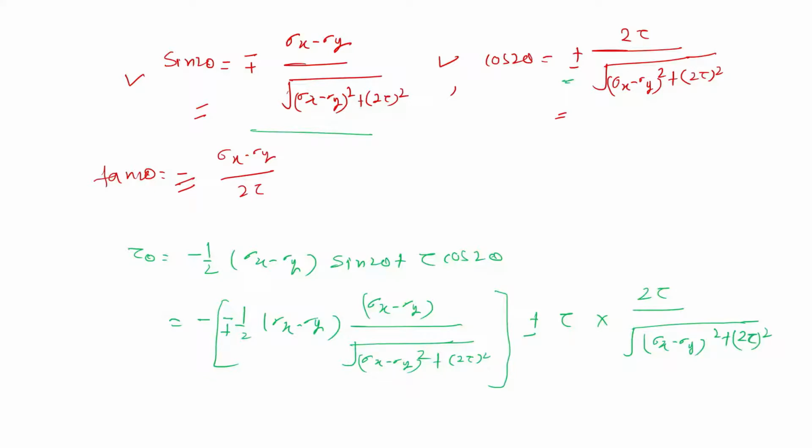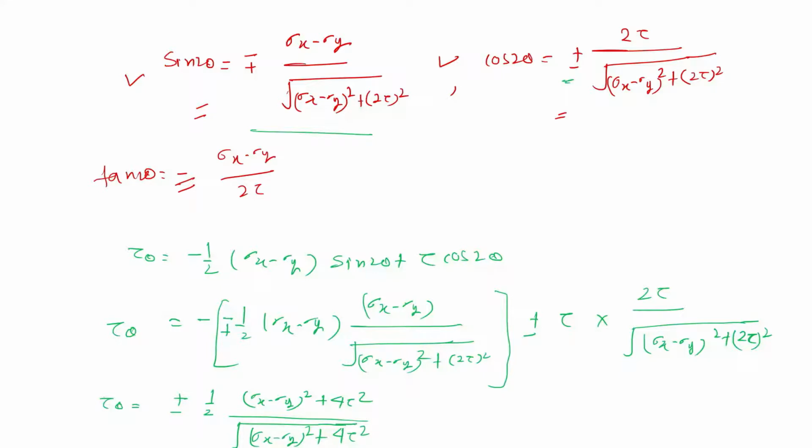If we simplify this equation, we will get tau theta is equal to plus minus 1 by 2 times (sigma x minus sigma y) whole square plus 4 tau square divided by under root of (sigma x minus sigma y) whole square plus 4 tau square.